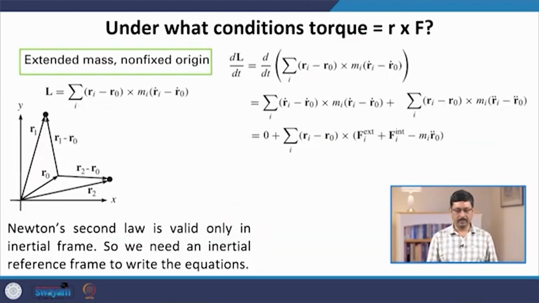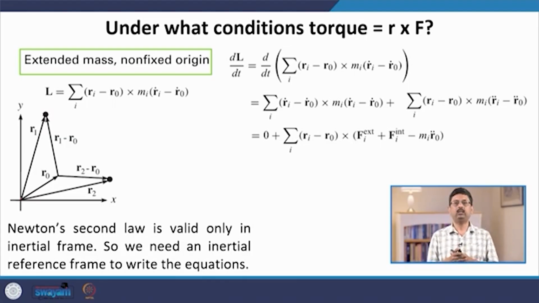But here comes the third case and the most interesting case. We now consider a frame which is moving. So far, in the two situations that we considered, the origin was fixed in space.